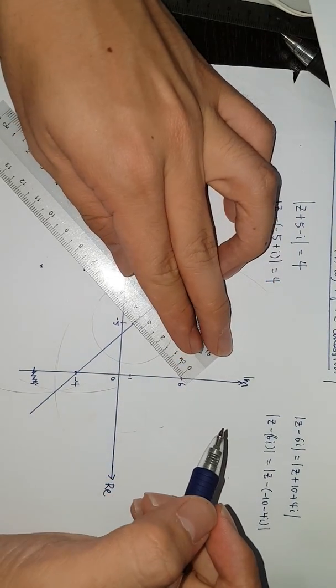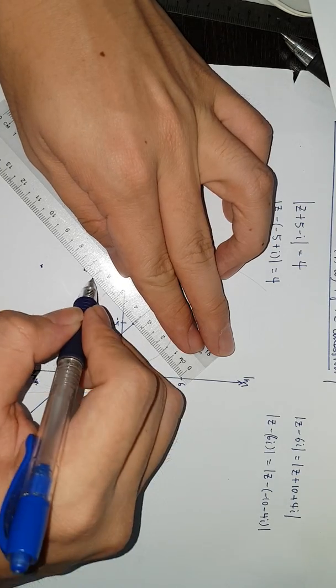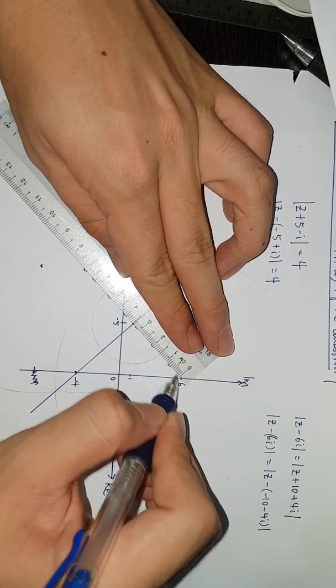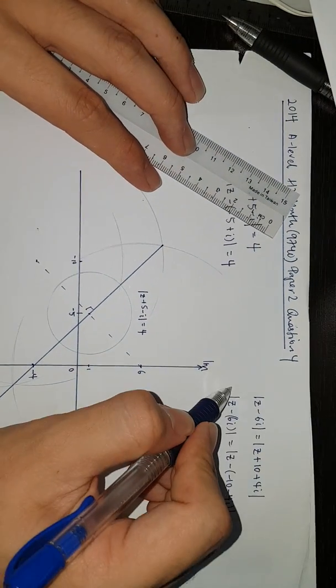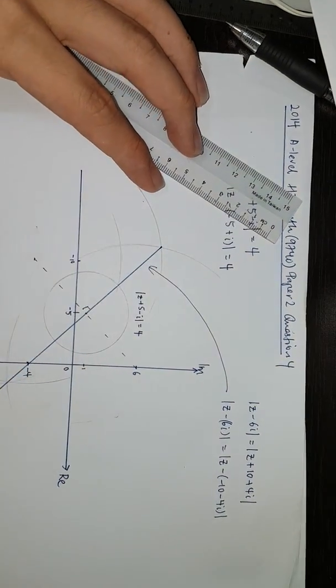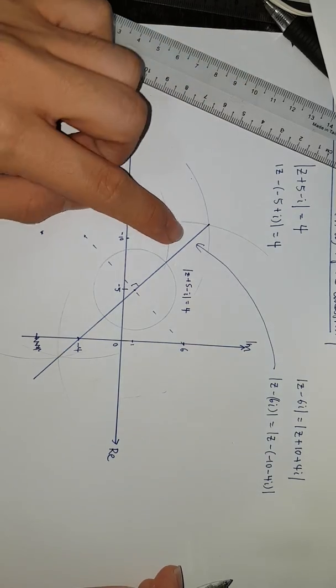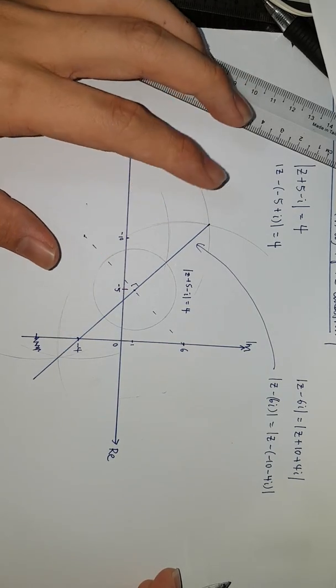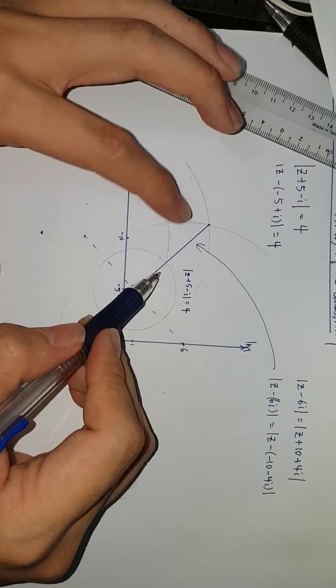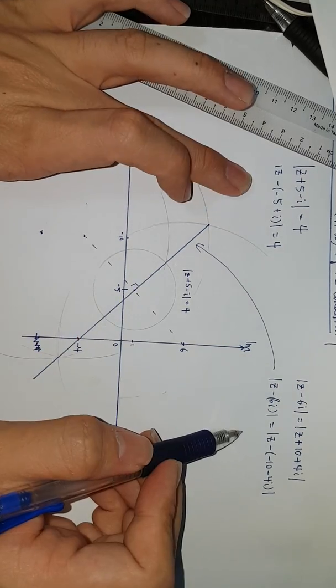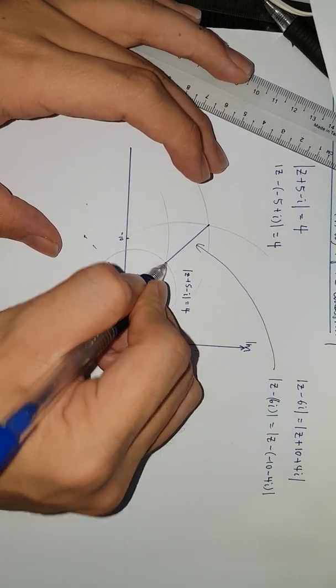So over here, this is your locus of the perpendicular bisector. Now, you're asked to find the possible values of z. If z satisfies this and this, it is basically the intersection, which is here and here.